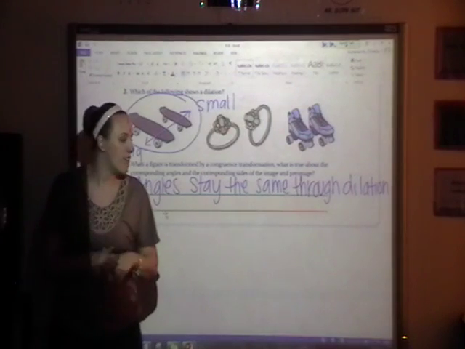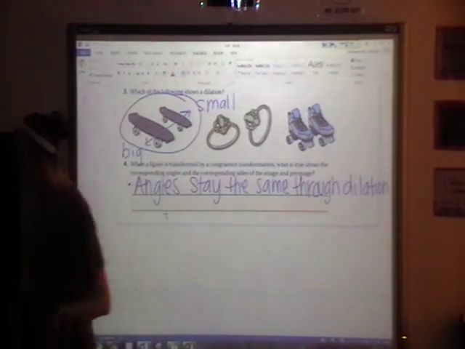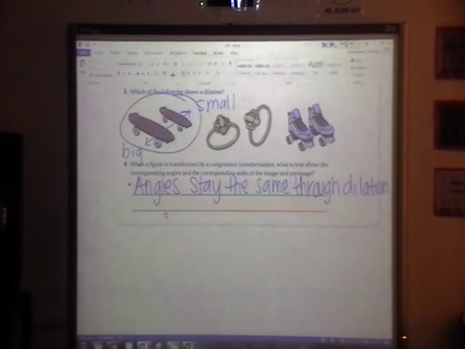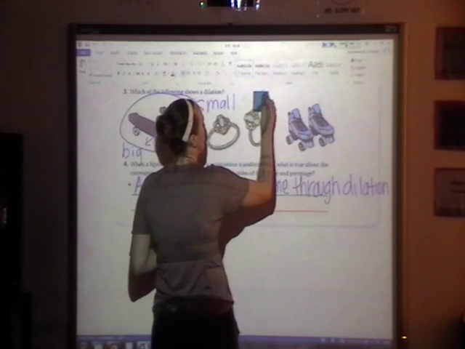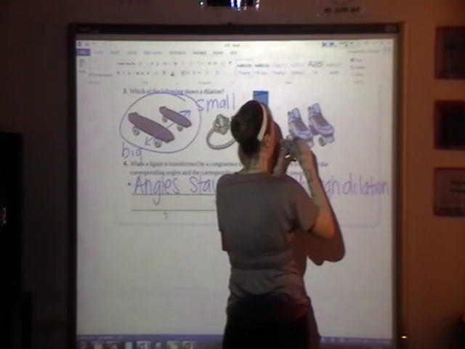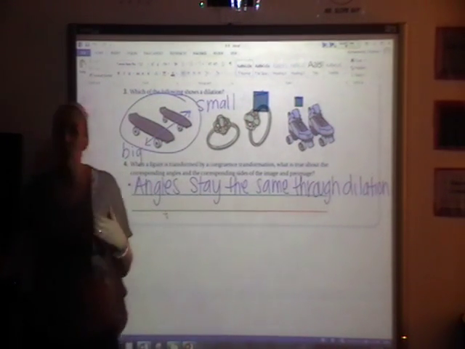That should make sense. So if we're talking about a dilation between my sticky note here and my sticky note here, what can you tell me about those shapes?